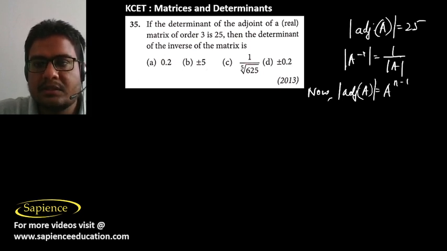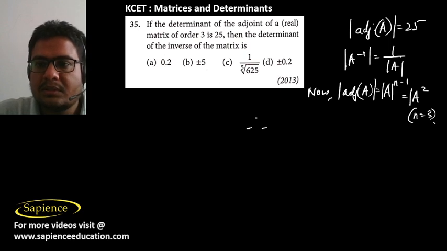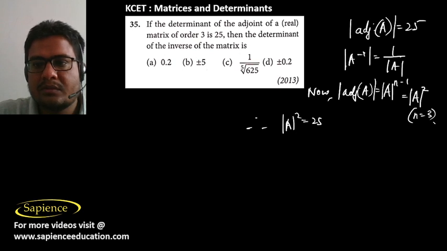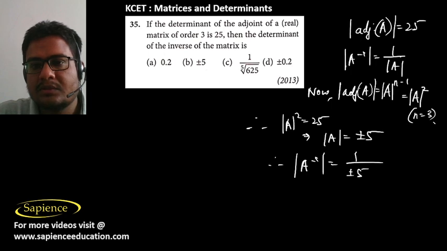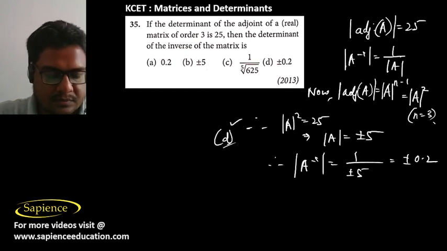Now here n is 3, therefore this is equal to determinant of A whole square, since n is equal to 3. So determinant of A square is equal to 25. Therefore the determinant of A will be plus or minus 5. So the determinant of the inverse will be equal to 1 by plus or minus 5, that is plus or minus 0.2. So option D is the correct answer.